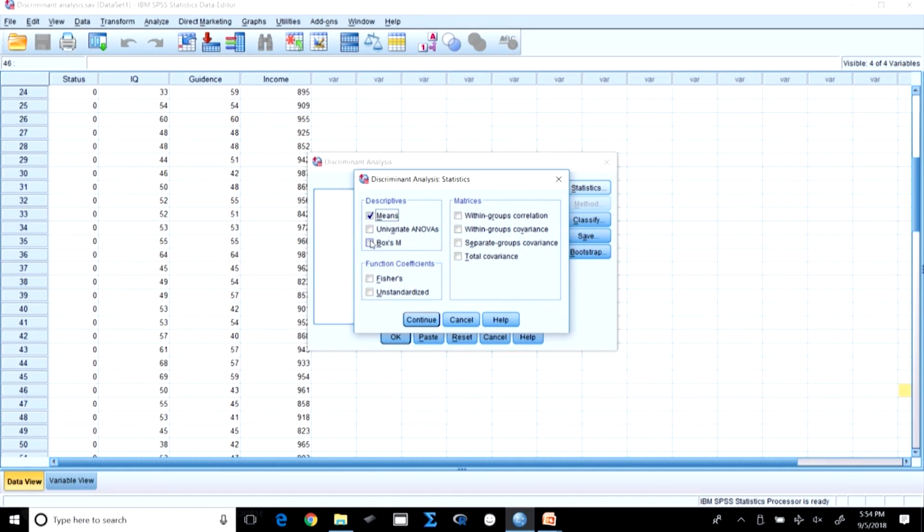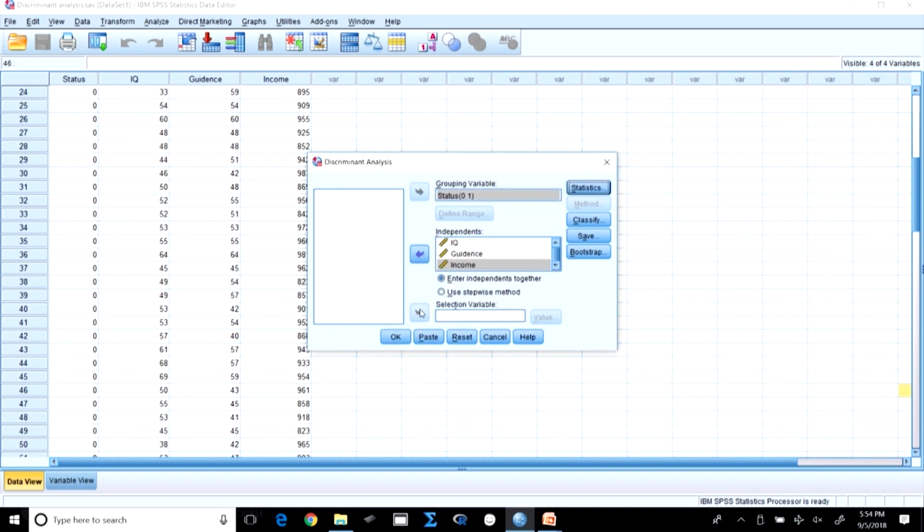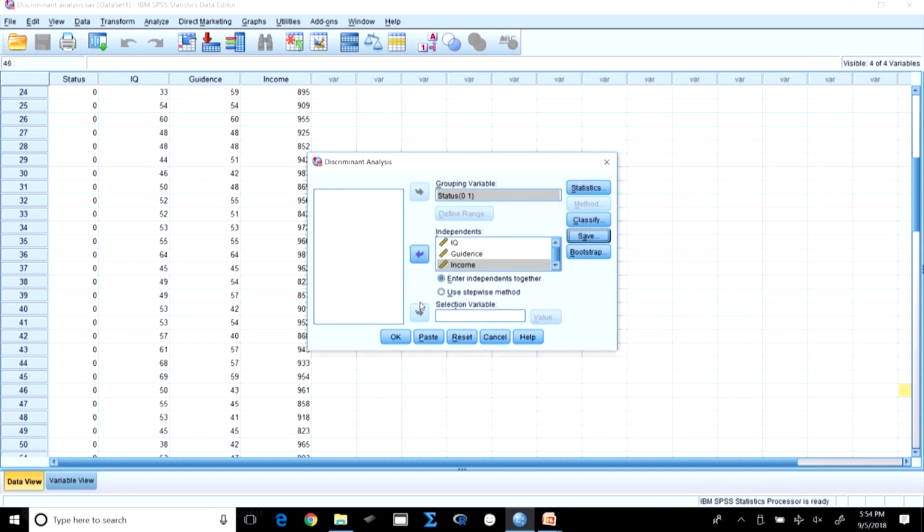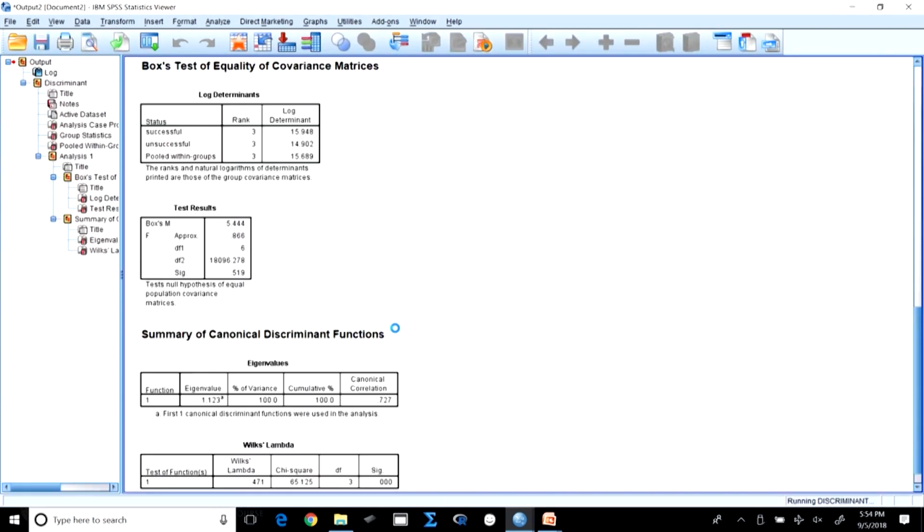I need the box M, the unstandardized weights, and the within groups correlation. If you are interested to save, you can predict the group membership, which group does it come to, the successful group or the unsuccessful group, and the probabilities. This is all we need and I go to OK.